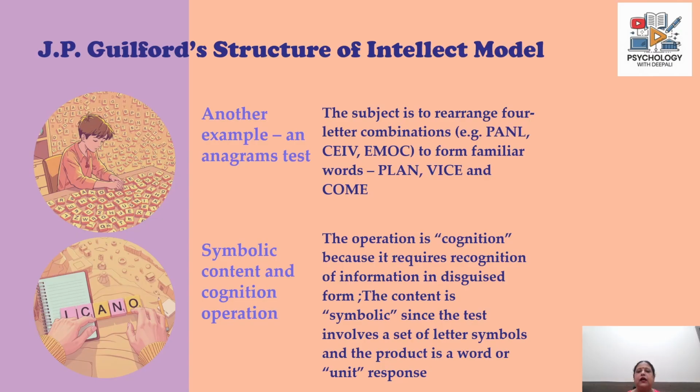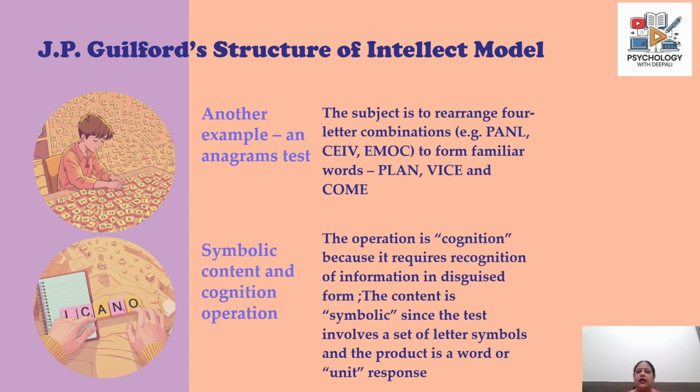Another example, assuming that a subject is asked to rearrange four-letter combinations. So these are anagrams. Anagrams are basically jumbled words and you have to unjumble them to create the correct word. So the example is PANLCEIVEMOC. Now these are the anagrams. These are jumbled up words.